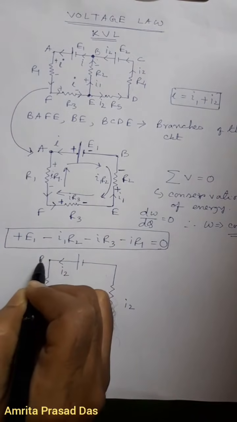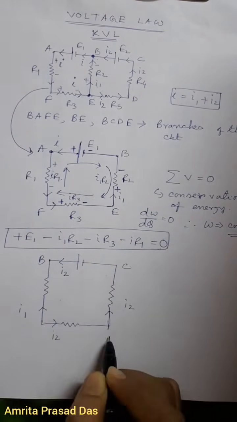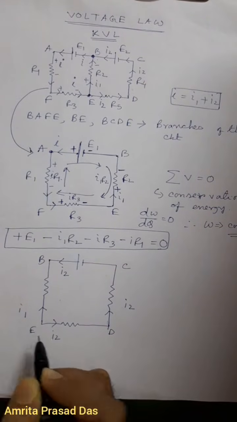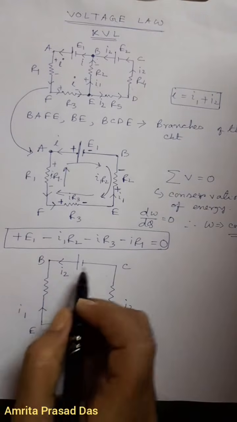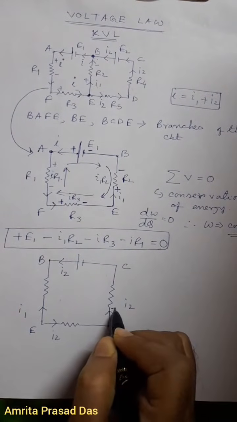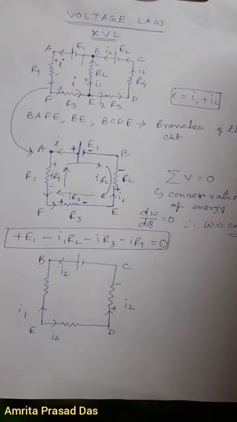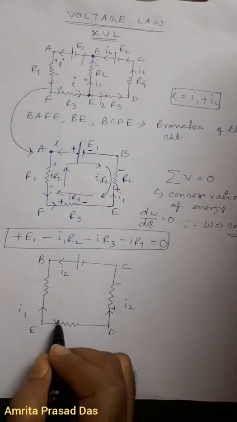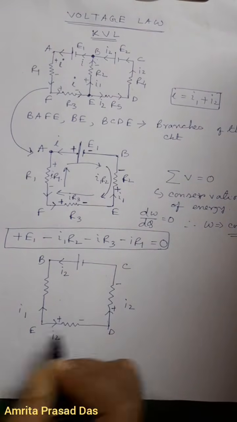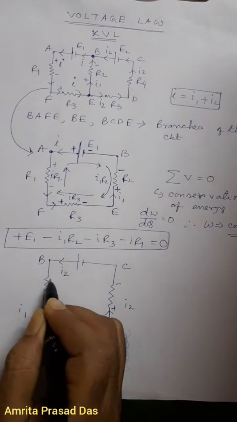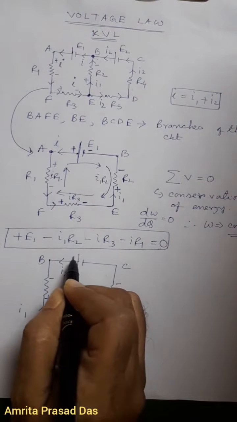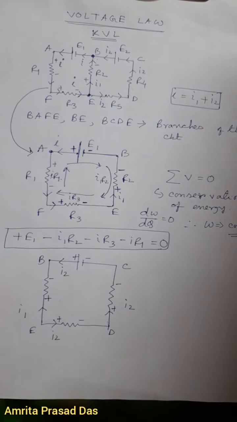This is B, C, D, E. Therefore, according to your current division, this is the high potential point, this is the low potential point, and obviously this is the plus of the cell, this is the minus.